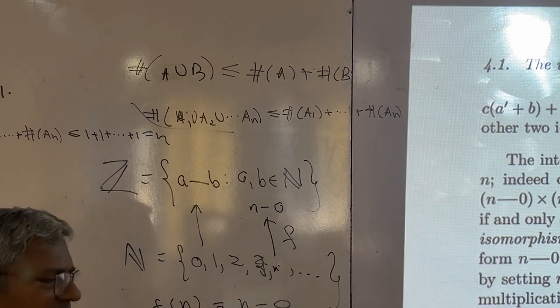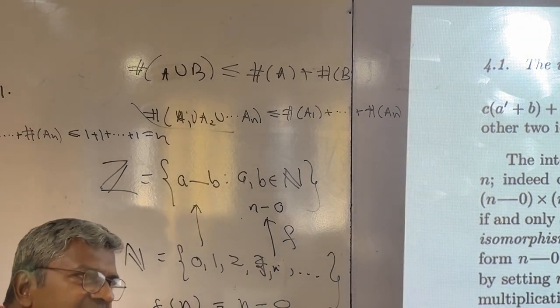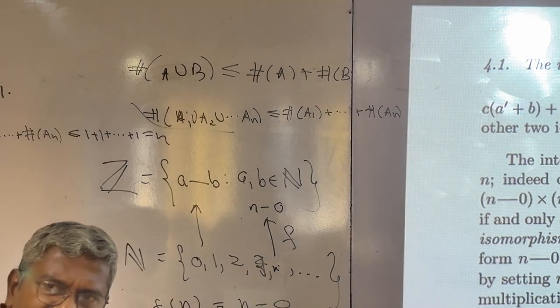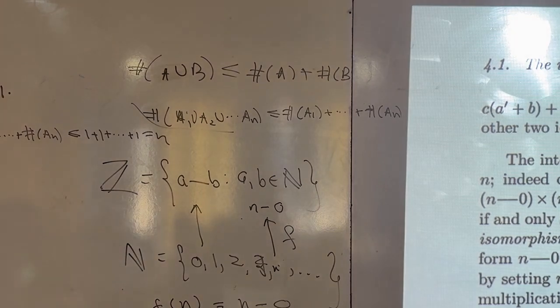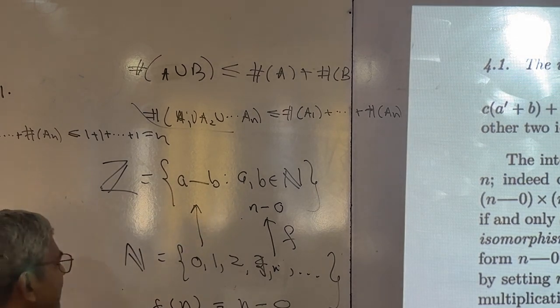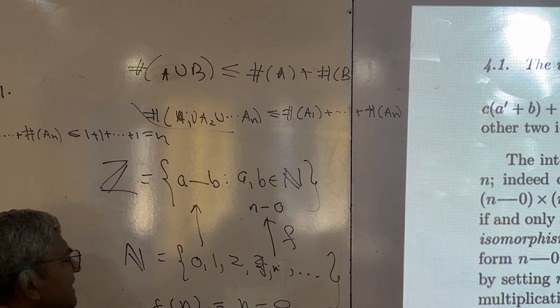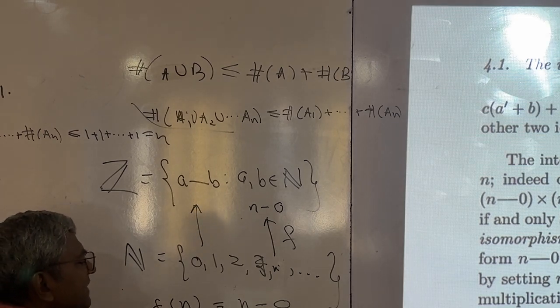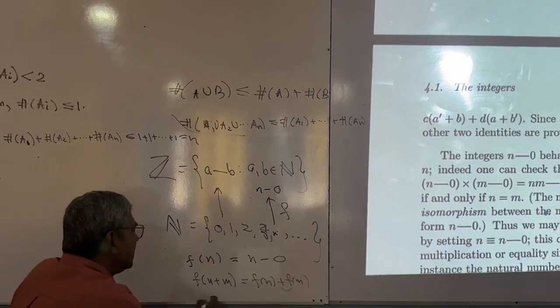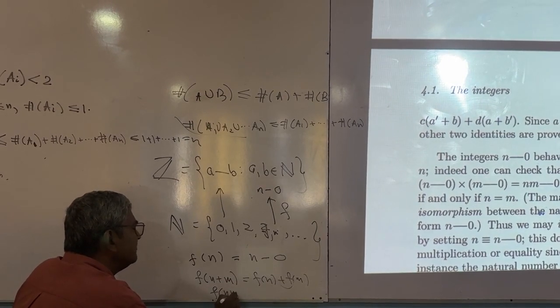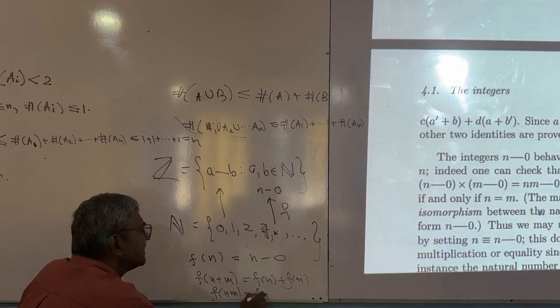I should have had the next day I will bring a lesson, 15 minutes of group theory, to talk about n minus 0. So here he has shown f of n plus m is equal to f(n) plus f(m), and f of nm is equal to f(n) times f(m).